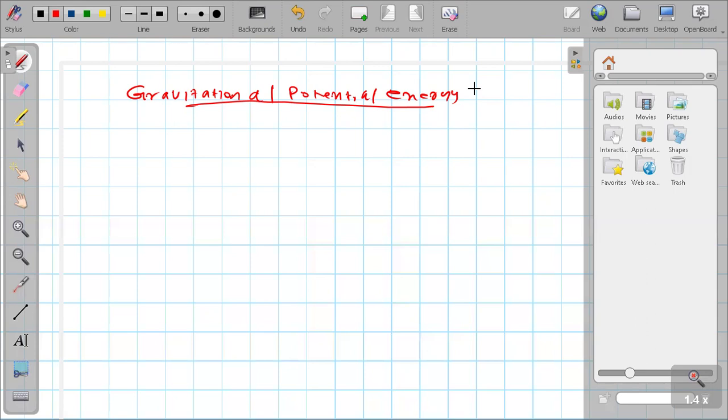Let me know one thing. What is gravitational potential energy? You have the idea now. It is about gaining of energy due to change of position in gravitational field. Write the definition.